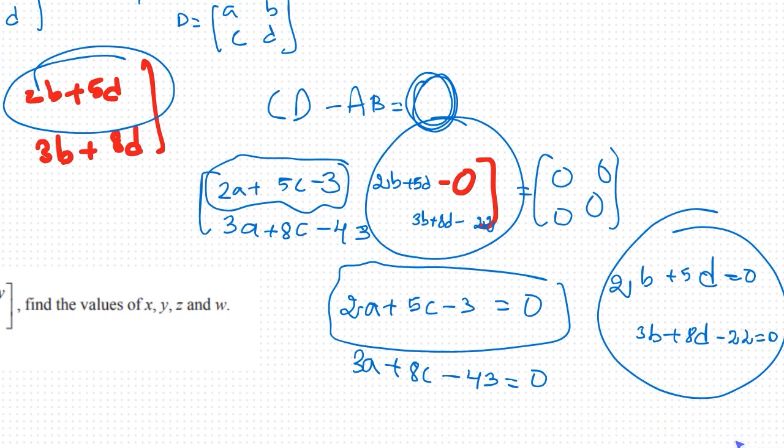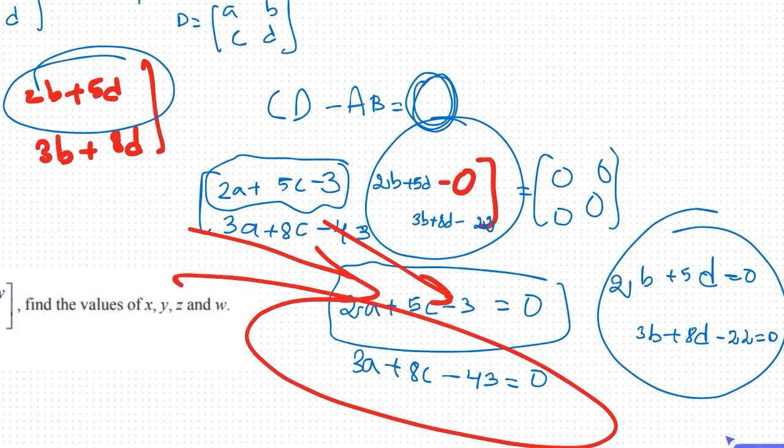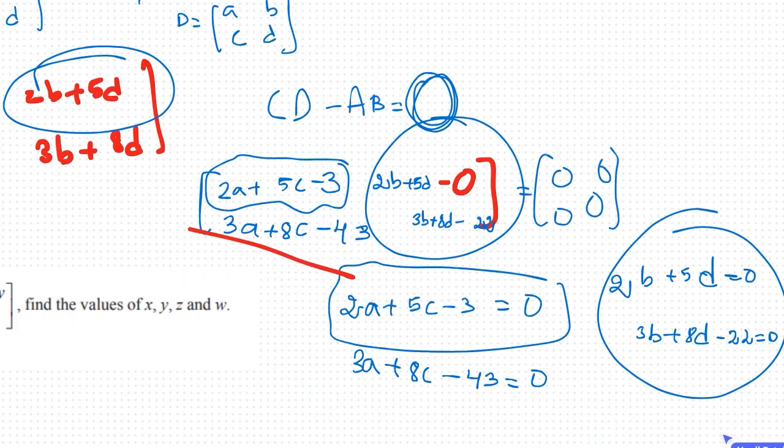So if in the exam ABCD values are given, you can just plug in and check which one is satisfying the equation. What type of format is the exam, multiple choice or descriptive?